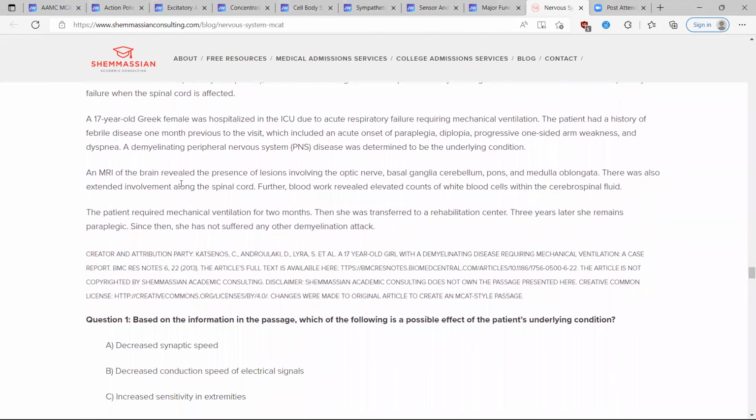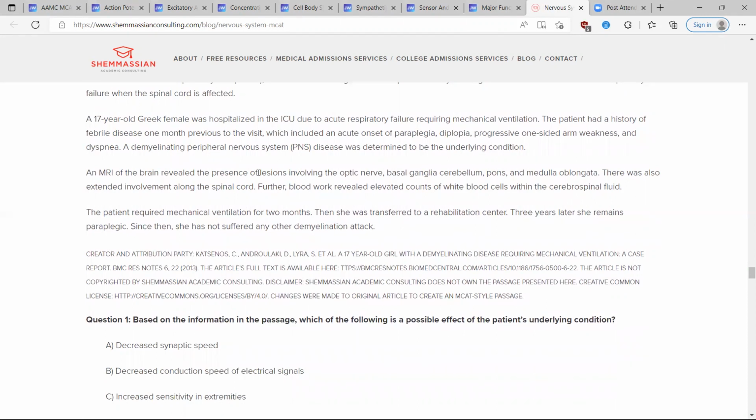An MRI of the brain revealed the presence of lesions involving the optic nerve, basal ganglia, cerebellum, pons, and medulla oblongata. There was also extended involvement along the spinal cord.